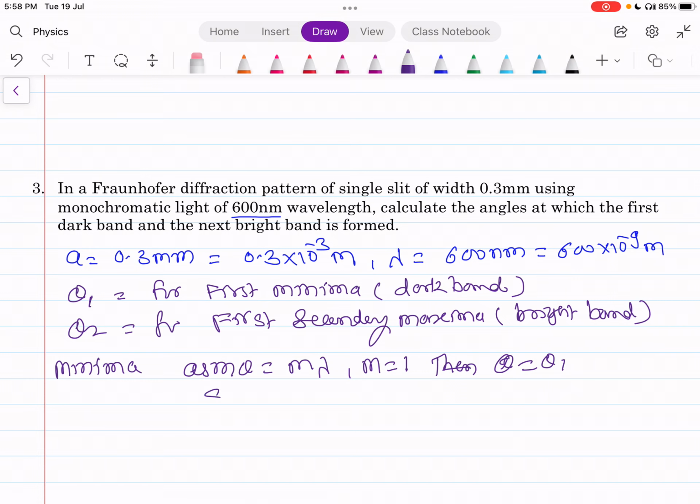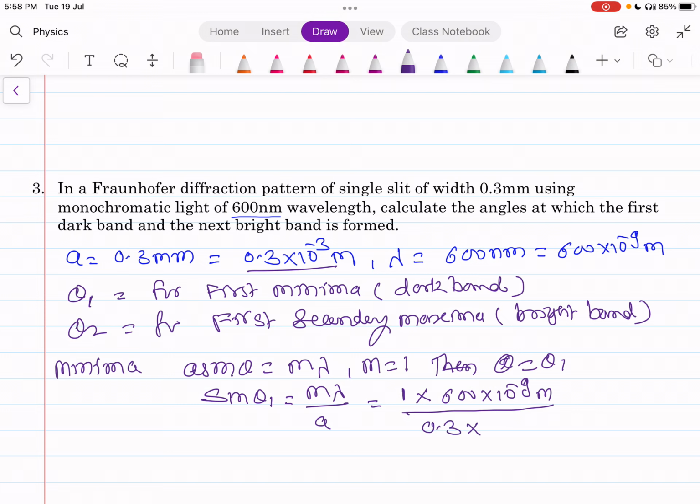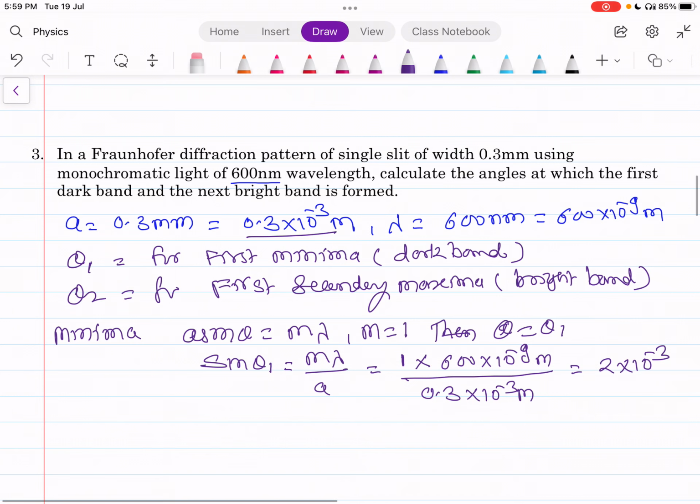Therefore, sine theta 1 is equal to m lambda upon a, which is equal to 1 into lambda, which is 600 into 10 raised to minus 9 meter, divided by a, which is 0.3 into 10 raised to minus 3 meter. And this is equal to 2 into 10 raised to minus 3. So sine theta 1 equals 2 into 10 raised to minus 3.